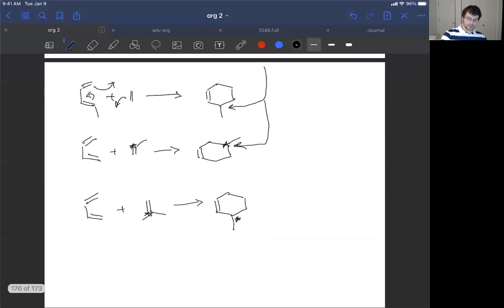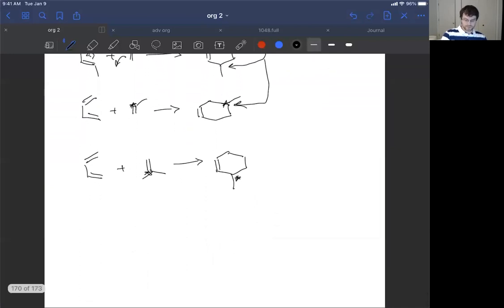So we could consider wedges and dashes then. What about if we have the methyl group on the other, and let's add a second group like an ethyl group. What if we put these on the carbon atoms that are internal on the diene? Well, after we do the Diels-Alder reaction, there's going to be a pi bond that moves between those two carbon atoms, and so we actually just have an alkene.